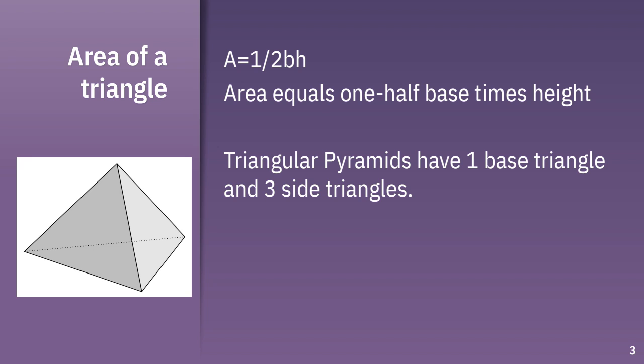Before we get started, let's talk about what this looks like. We will need to know how to find the area of a triangle. Remember that the area of a triangle is 1/2 base times height. As that reads, area equals 1/2 base times height. Triangular pyramids have one base triangle and 3 side triangles.